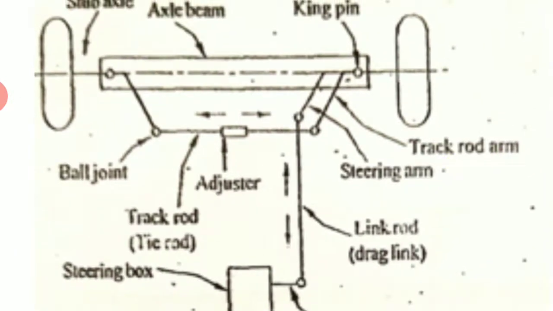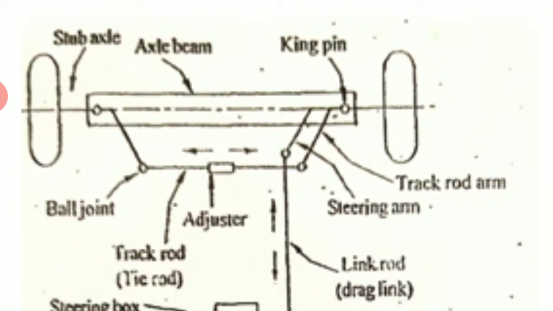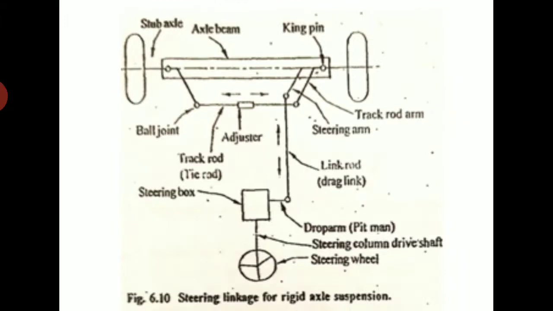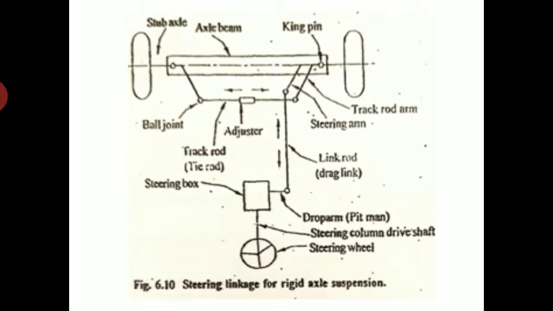Then there is an adjuster, which tries to adjust automatically while driving. Then the track rod or tie rod, ball joints, a kingpin, and an axle beam. This is called a stub axle or axle beam.